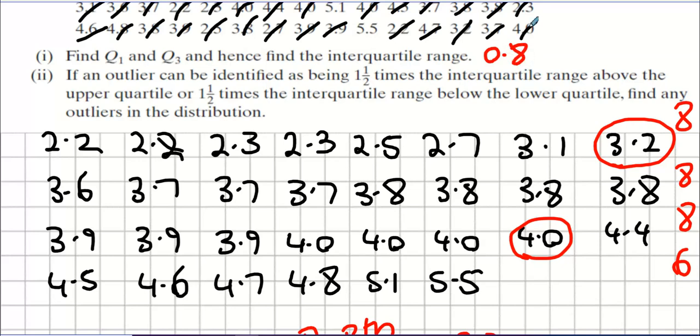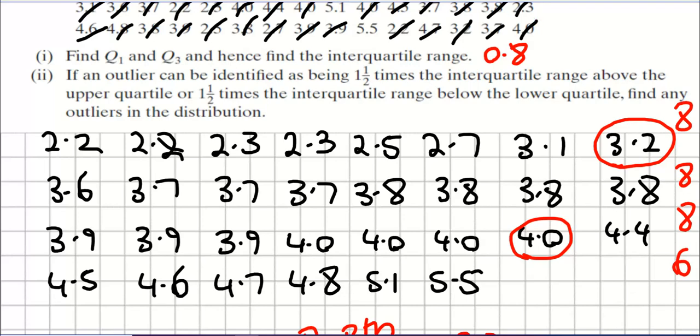Everybody happy with that? Now, an outlier is identified as being 1.5 times the interquartile range above the upper quartile, or 1.5 times below the lower quartile.